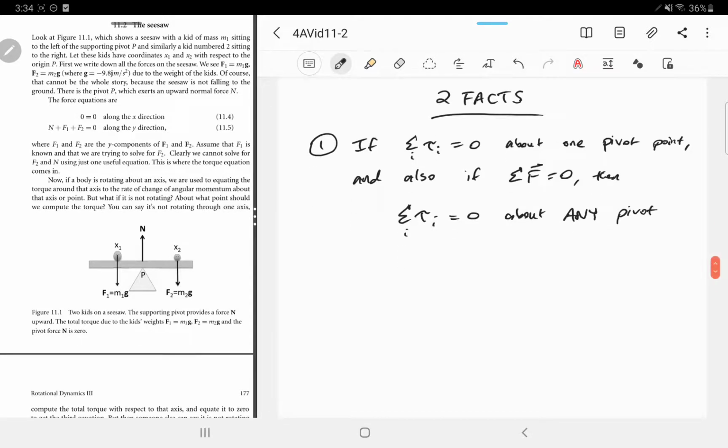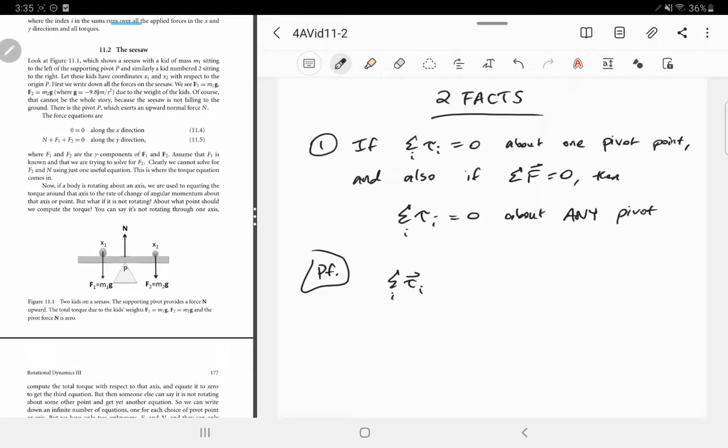Okay, so let's prove this statement. Assuming that the pivot is at the origin, then the sum of the torques. I wasn't writing the vector sign before, but a lot of the time, in all these problems we're going to be dealing with objects in the plane, and then the torque is just into or out of the screen.